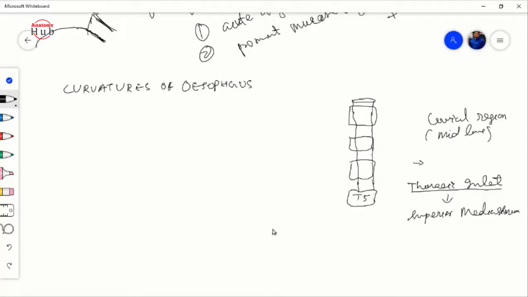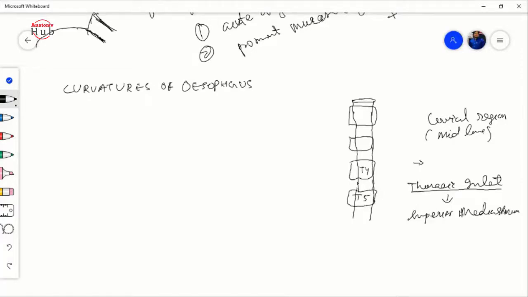Then what will happen? Again, it returns towards the midline. Up to T4 it is going slightly towards the left.